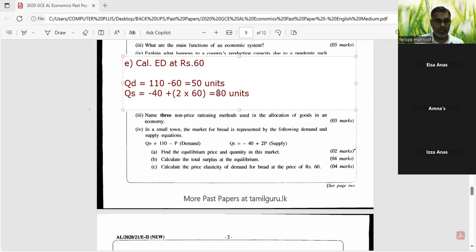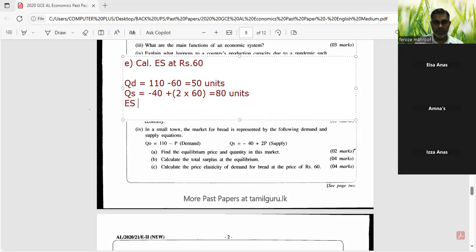So excess demand. The question has one more correction. Change it from excess demand to excess supply. So excess supply is equal to QS minus QD.